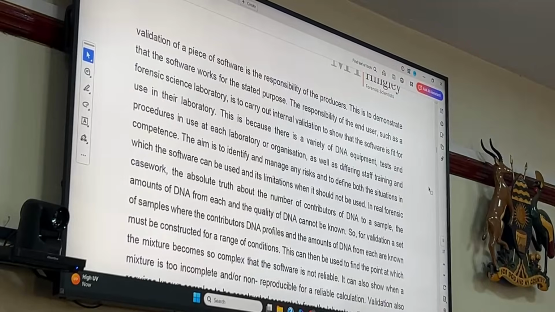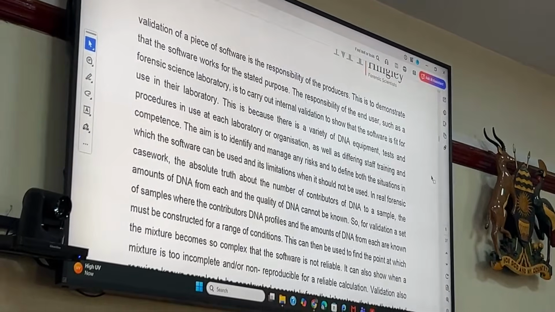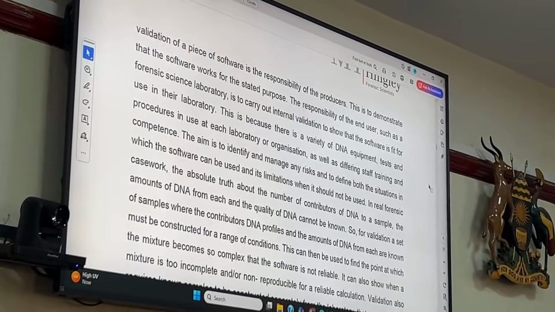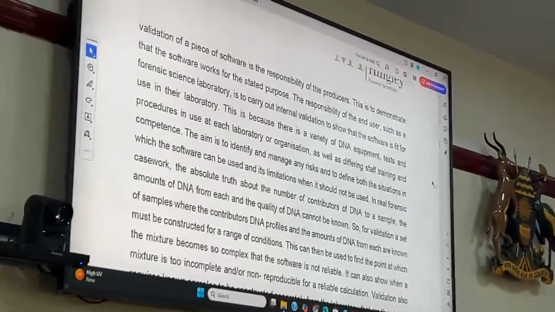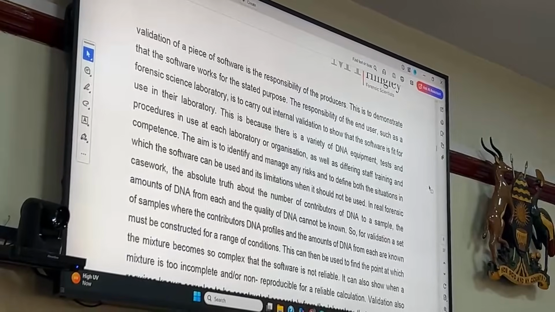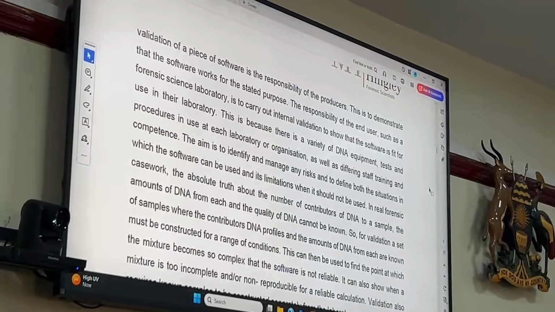The next stage is the responsibility of each individual laboratory, and they themselves must fully validate the system for the samples and their processing procedures.